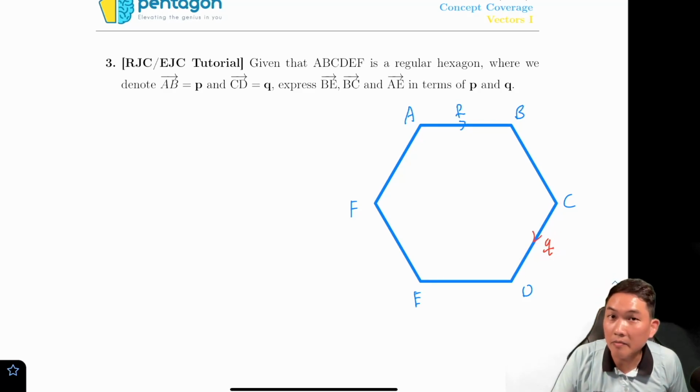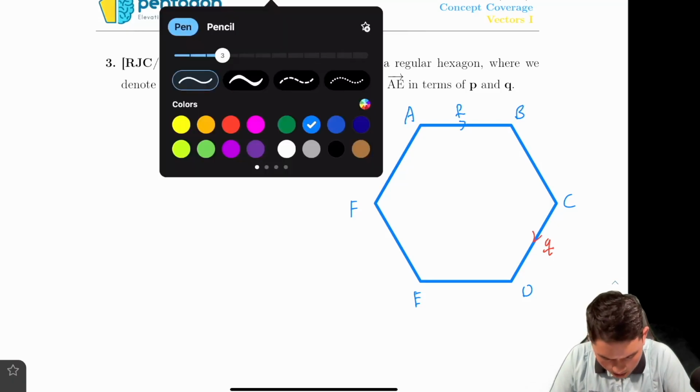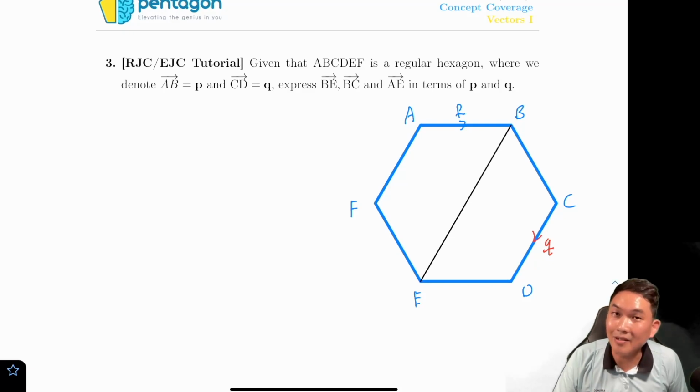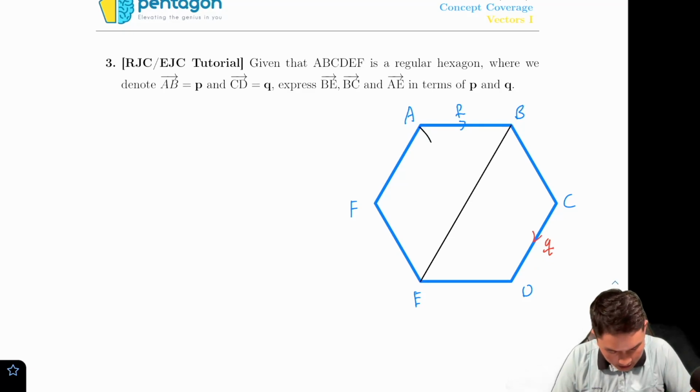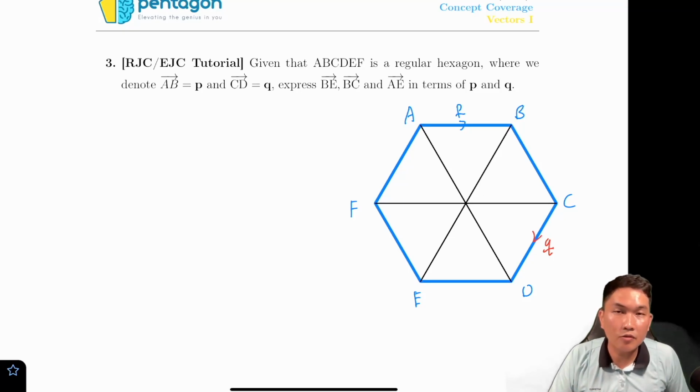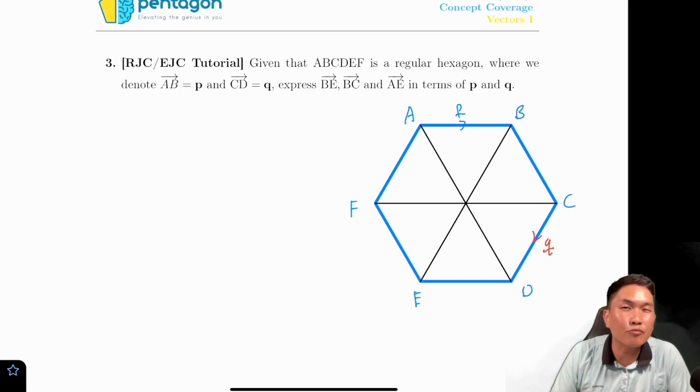Let's first focus on BE. So I'm going to draw a line from B to E. The nice thing about a regular hexagon is I can divide my regular hexagon into 6 equilateral triangles. So I'll leave it to you to prove or to satisfy yourself on why this is an equilateral triangle.